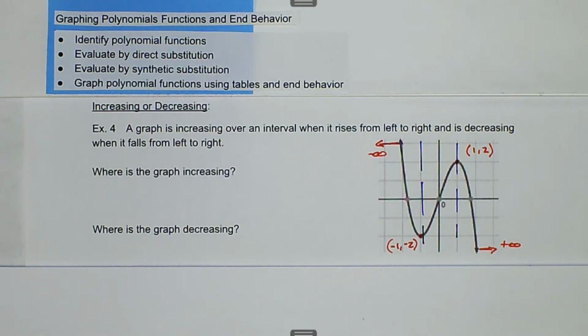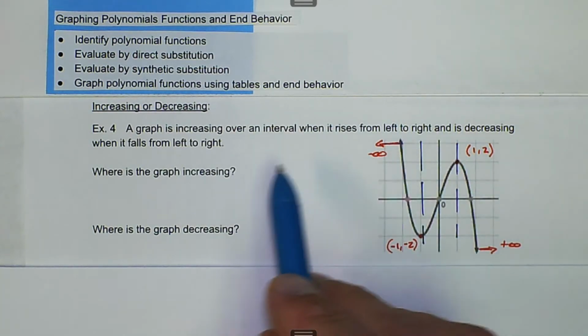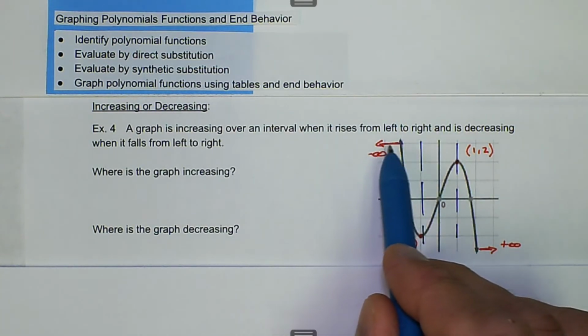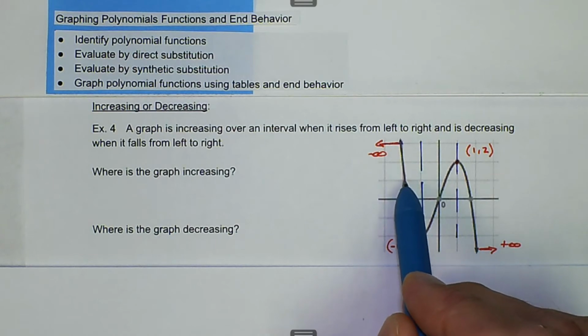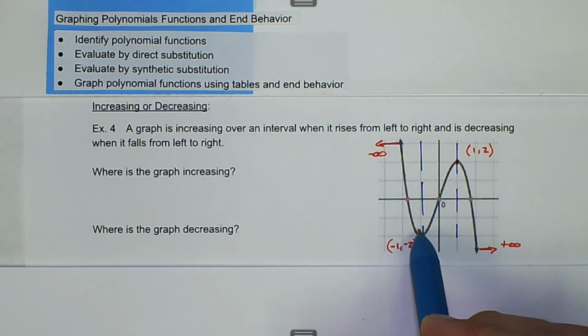And so we want to look at this, and we want to start coming up with what our intervals are. So we always want to start from left to right. And as we go from left to right, we can use our pencil and we can decide what the graph is doing. So as I'm going from left to right, starting at -infinity, and I work my way, I can see my pencil is decreasing.